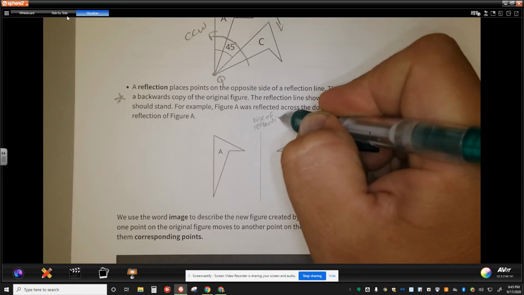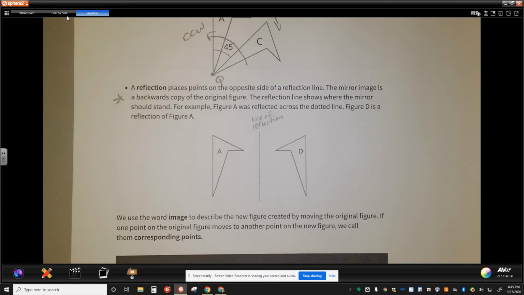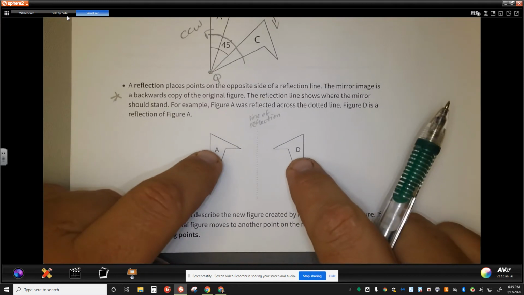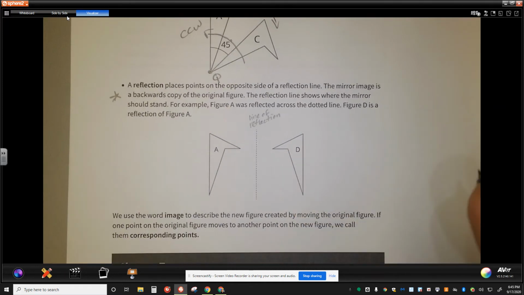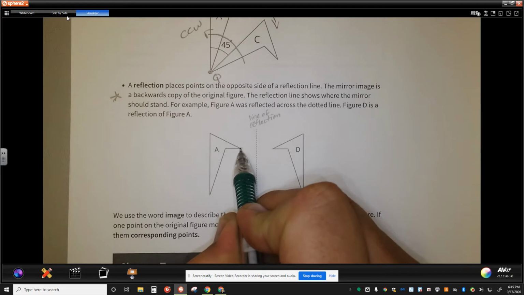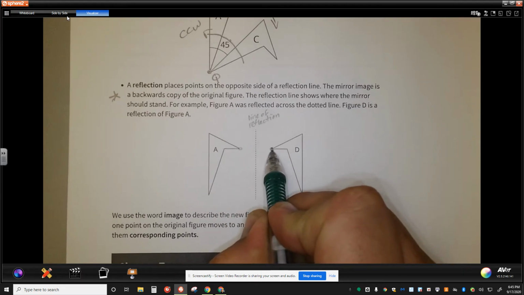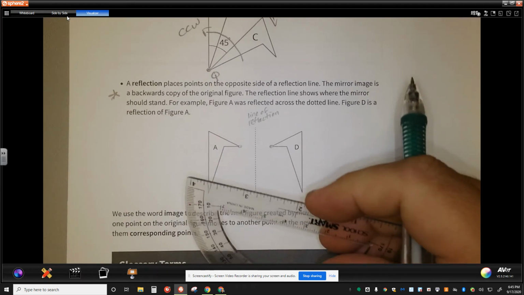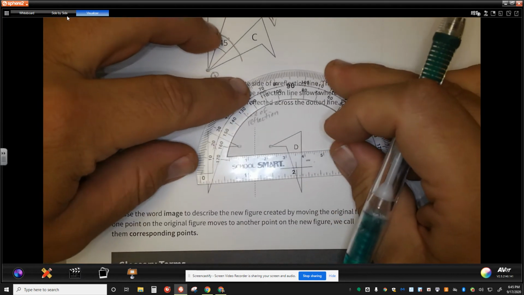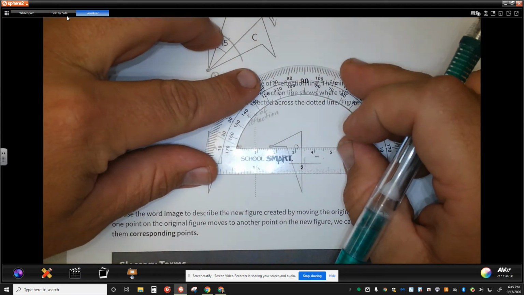This line is necessary because it is a bisector, a line that is exactly halfway between every corresponding point on each of these figures. So if I put a point right here, the corresponding location is right here, and the distance between those two points is going to be exactly halfway.